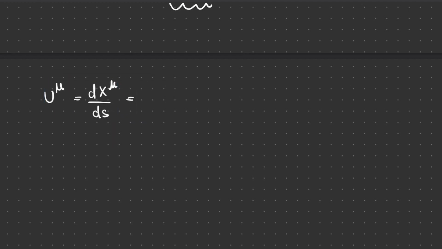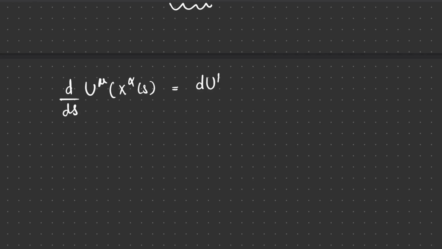So we can further write this as, wait, let's write, since u mu, the four-velocity, depends explicitly on the space-time position, we can write the derivative with respect to proper time of the four-velocity like this.